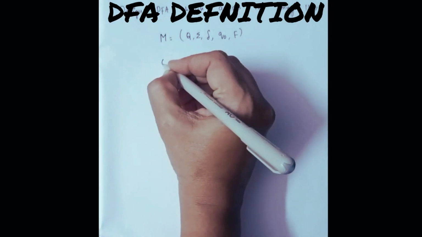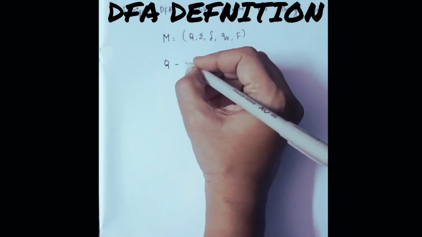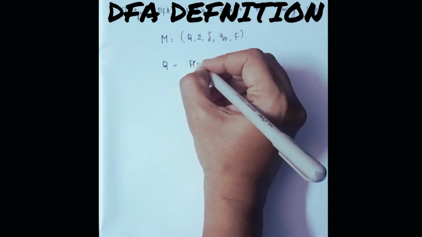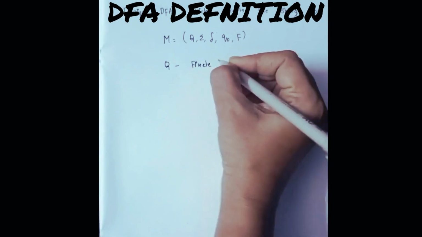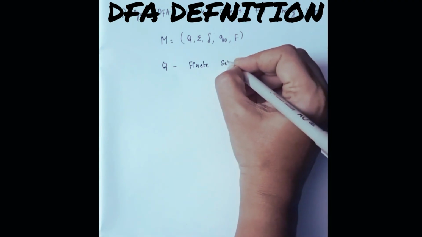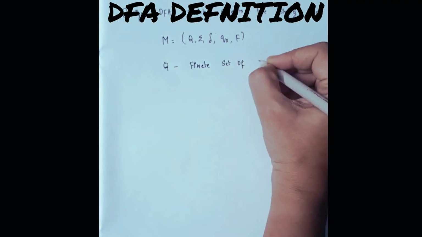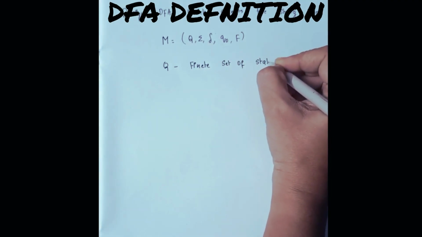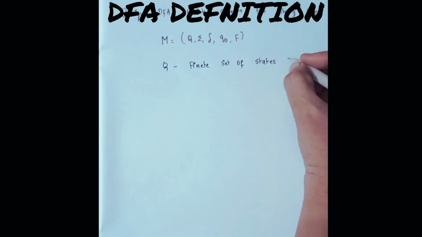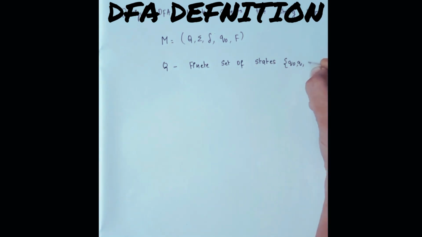So what is this Q? Q is the finite set of states, which is represented as Q0, Q1, Q2 and so on.